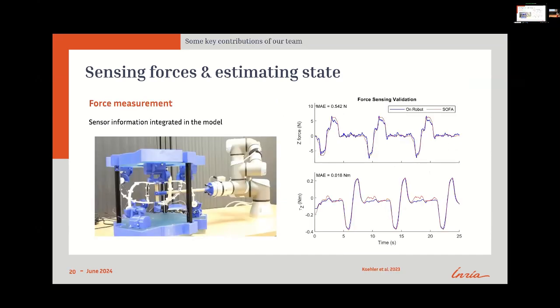And also, we did some tests with a robot where we have a real force sensor. So the robot is moving, and we compare the force computed by SOFA and the real robot.